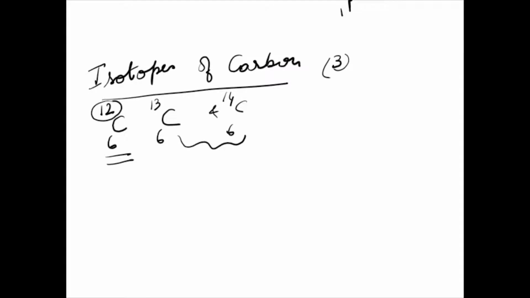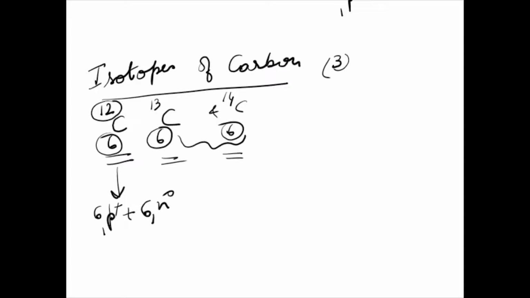All the three isotopes of carbon have 6 electrons in their atom or 6 protons in their nucleus. Now this carbon atom has 6 protons and 6 neutrons, right?